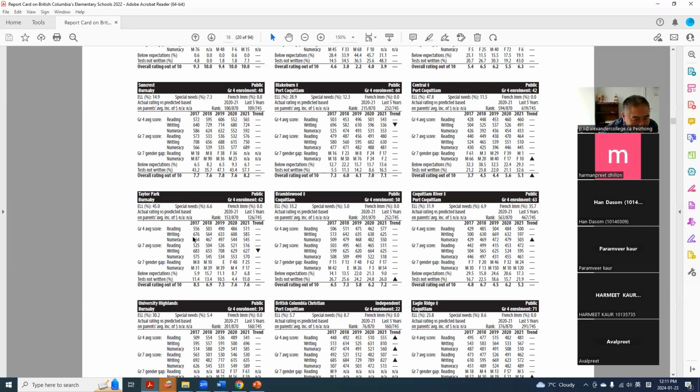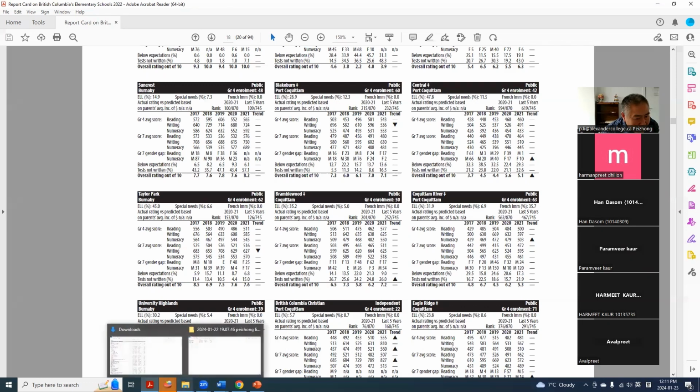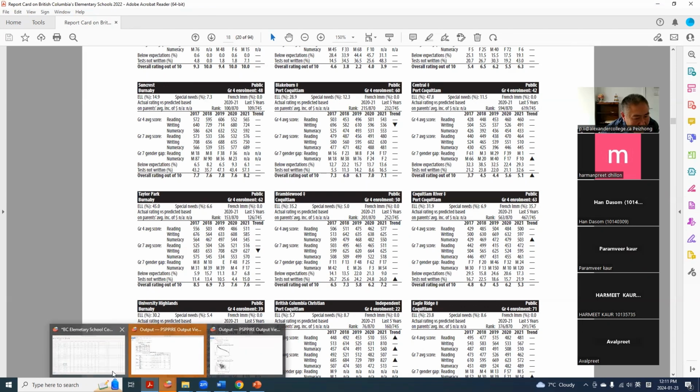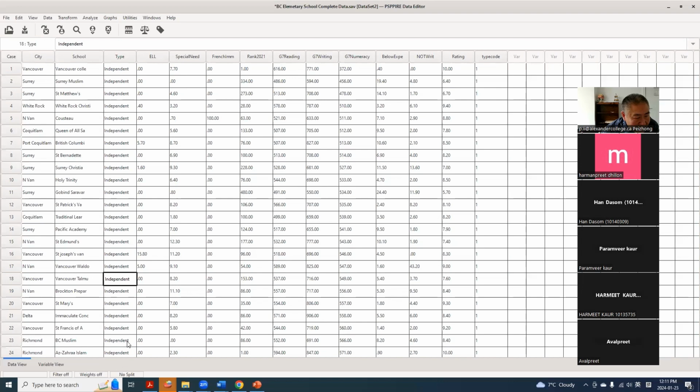And does this variable relate with reading? I mean, do international students or immigrant students show lower grades on reading? I'm not sure, so we can do that.